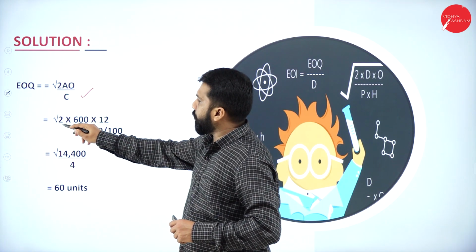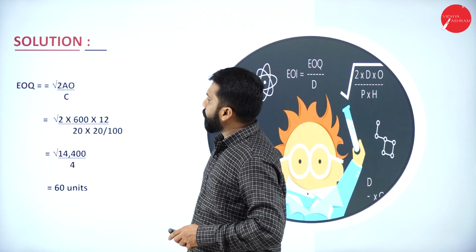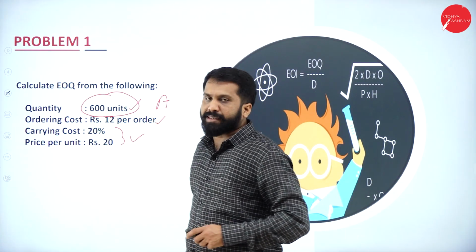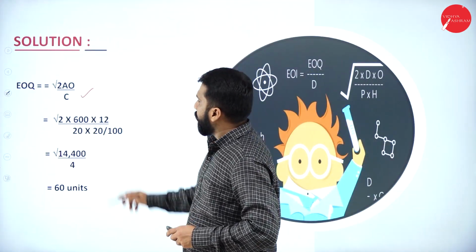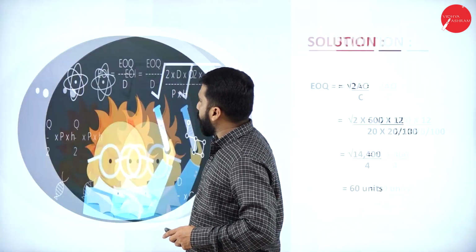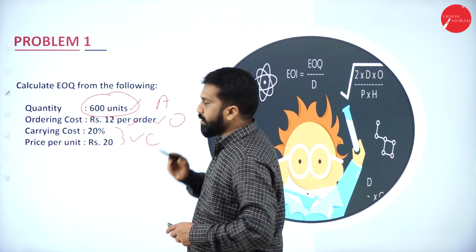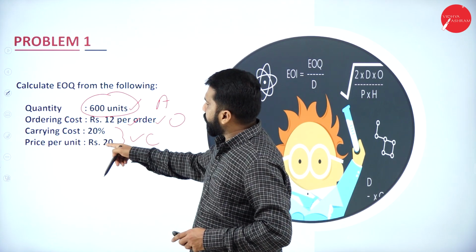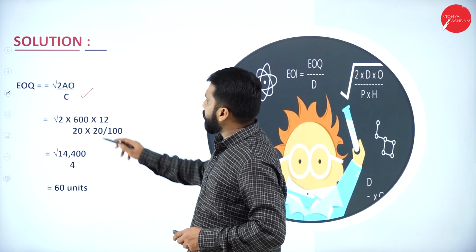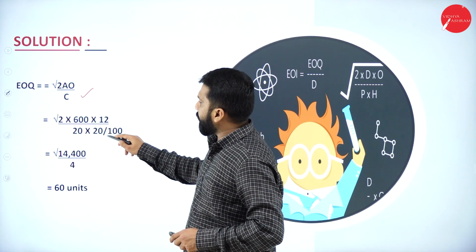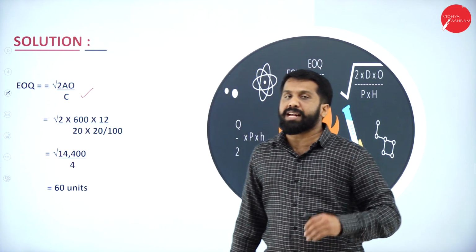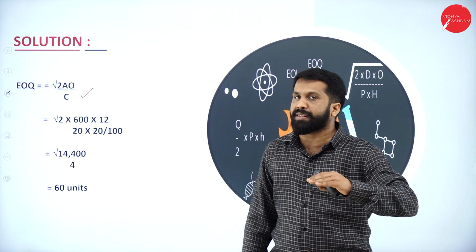Below the root, 2 stays as it is. What is A? 600. What is your O? O is 12. This is your O. This is your C. C is 20 into 20%, which is 20 multiplied by 20 divided by 100.